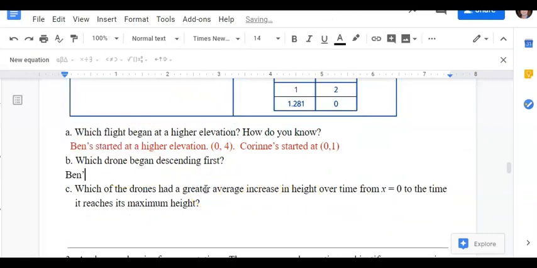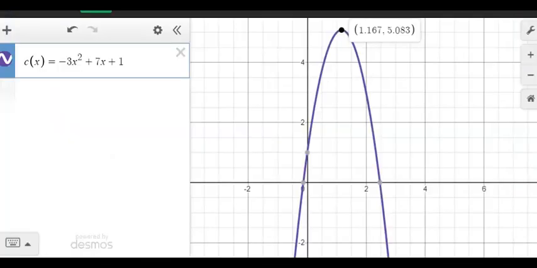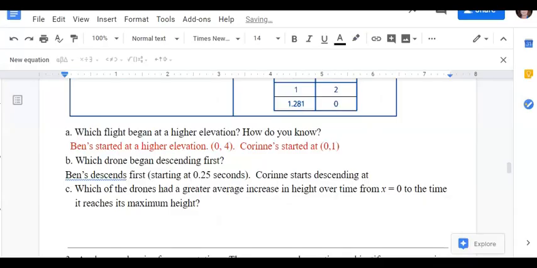So Ben's descends first, starting at 0.25 seconds. Corinne starts descending at, let's see, what was that number? 1.167 seconds.